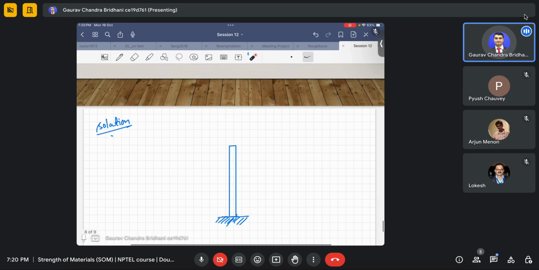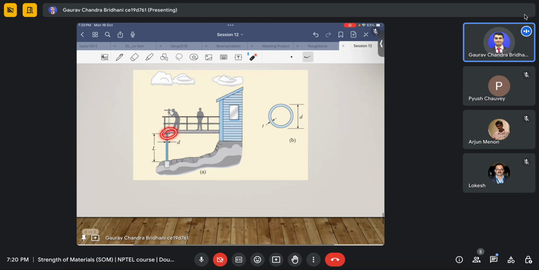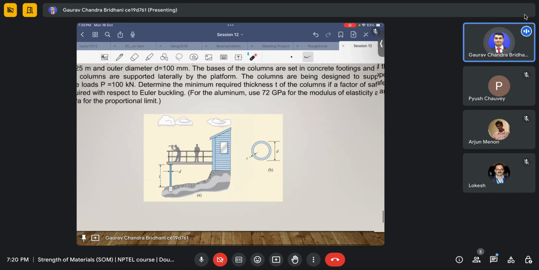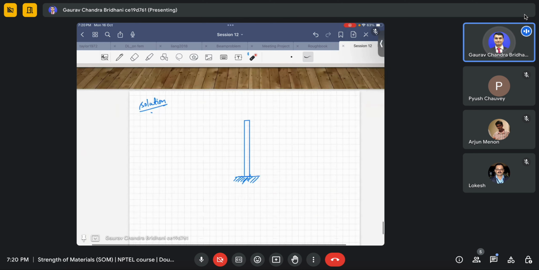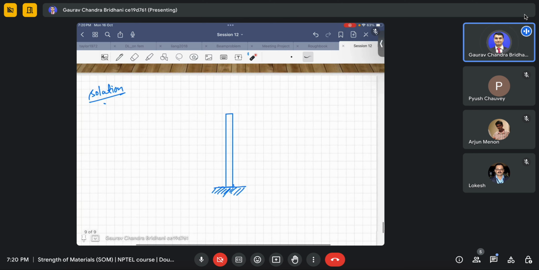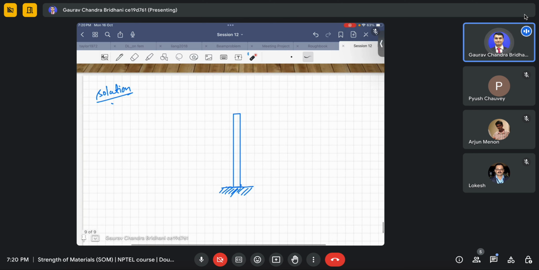Now at the top here, where there is a platform also, the question says that the tops of the columns are supported laterally by the platform. That means the platform is only resisting or supporting it laterally, and it is not saying anything apart from that. That means the top condition should be something like this.